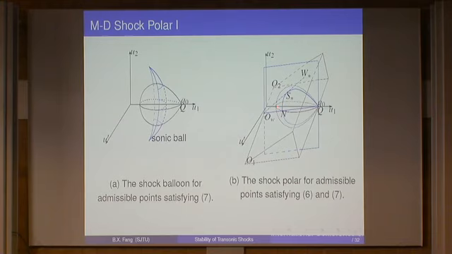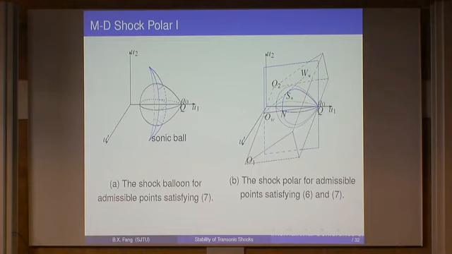Which means that the solution to the Rankine-Hugoniot conditions should also lie in the plane perpendicular to O1O2, where O1O2 is the edge of the wedge, which I draw in blue. Then the intersection of this plane and the shock balloon is the shock polar, which is just the loop through Q, S star, and M. This loop is the solution to the multi-dimensional Rankine-Hugoniot conditions.